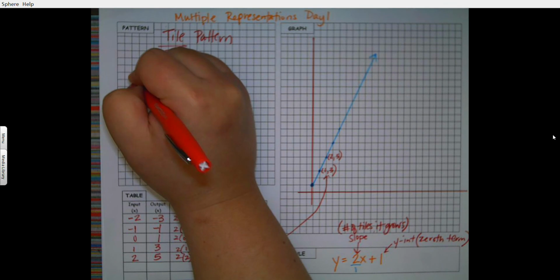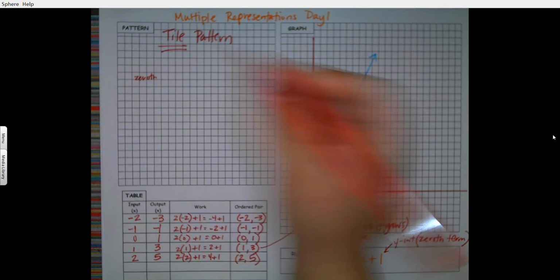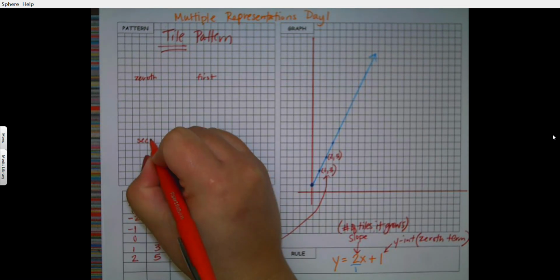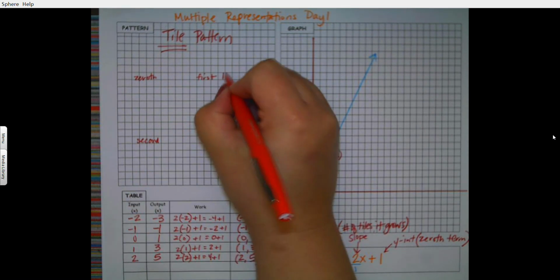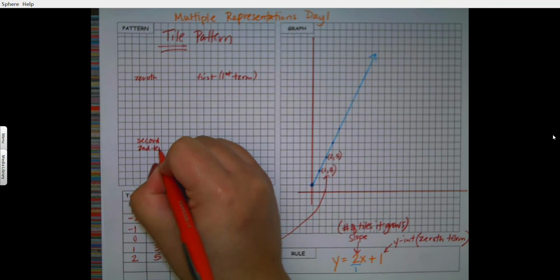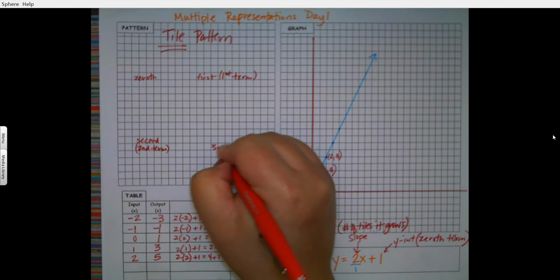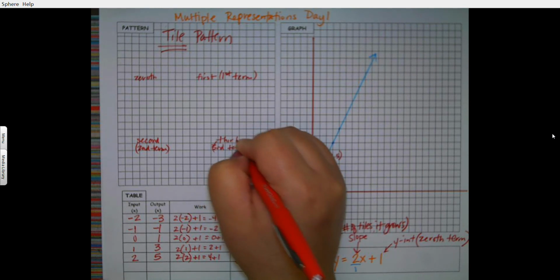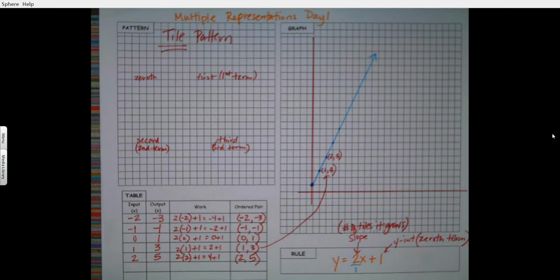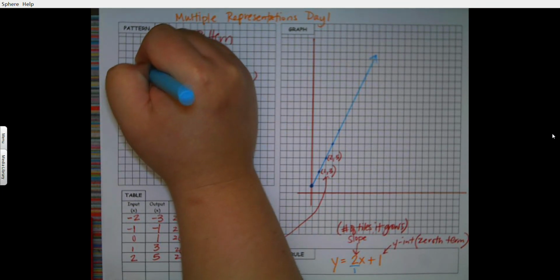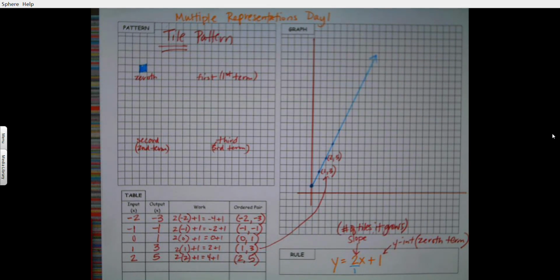So here's my 0th term, and then my first term, my second term. You could also write first term like this, second term, third term. My 0th term starts out with 1 tile. So I have 1 tile. Now I have to grow by 2 tiles.